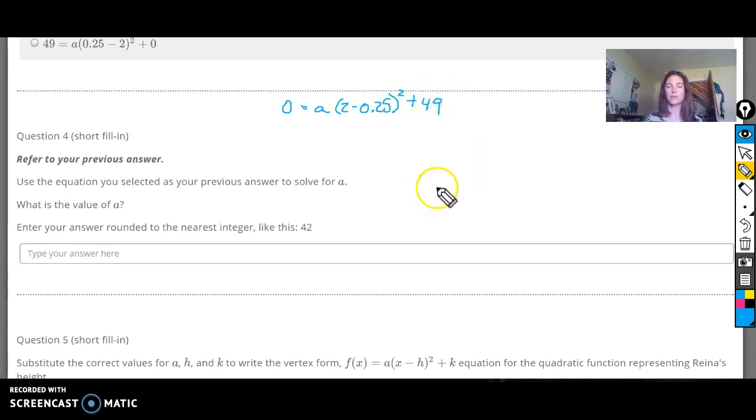The first thing I'm going to do is this little bit of math, and I'm going to move the 49 to the other side. So I get negative 49 equals a times 1.75 squared.